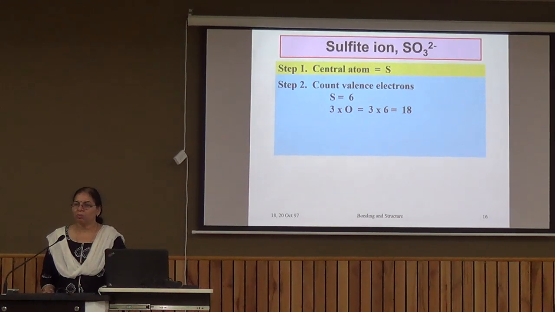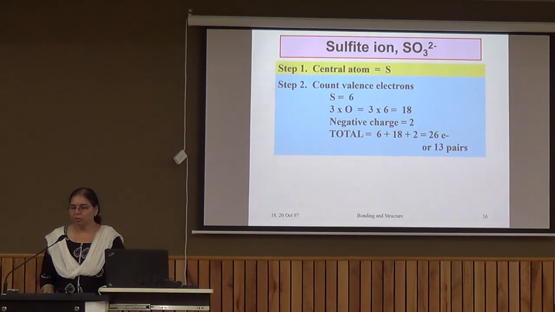So total number of electrons will be 18 plus 6, that is 24, plus 2 negative charges are also present, that is why 26. Total number of electrons present in sulfite ion, 26. It means 13 pairs of electrons, which we can divide equally among bond pairs and lone pairs.